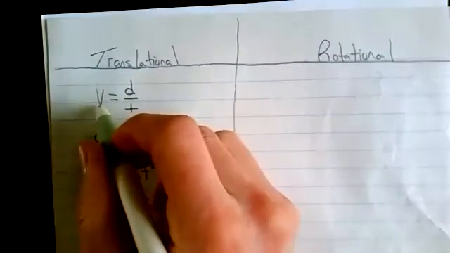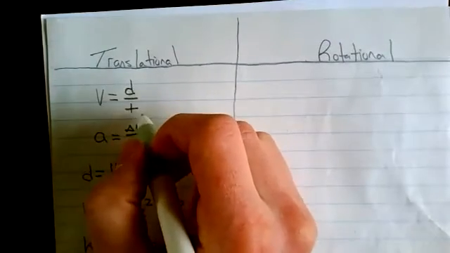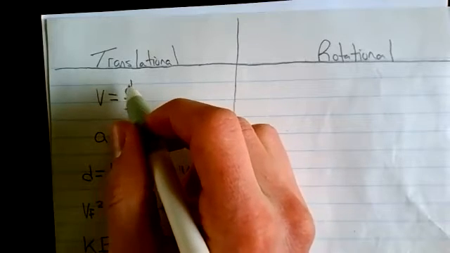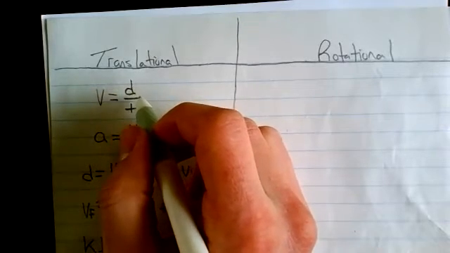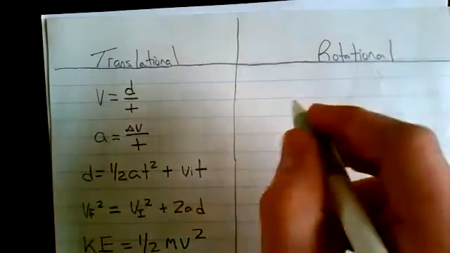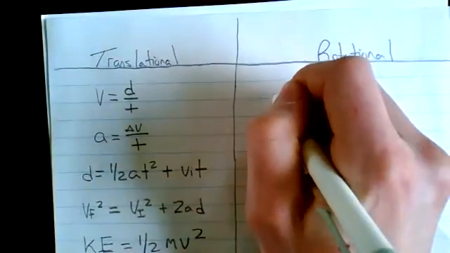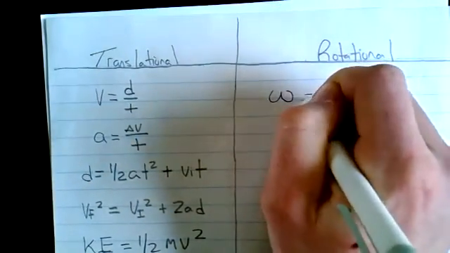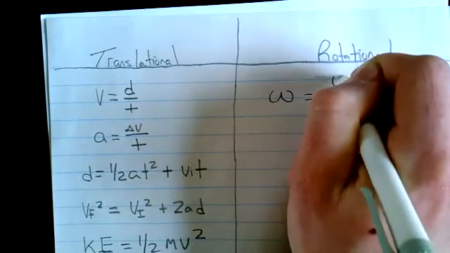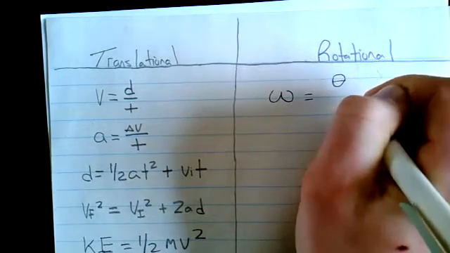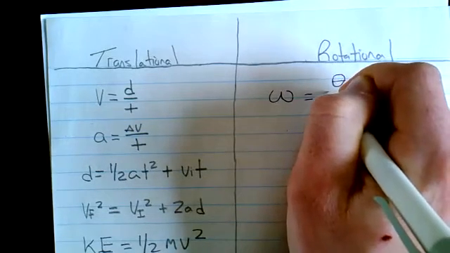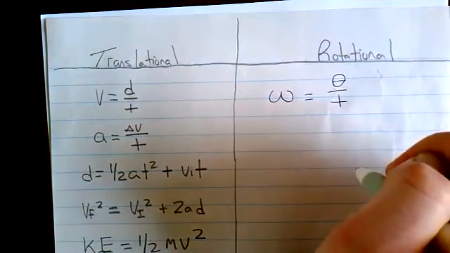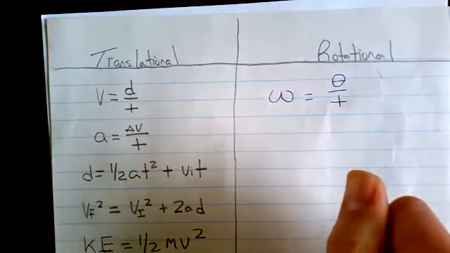For example, v equals d divided by t. Velocity equals distance, or change in, or displacement divided by time. Now I have omega, angular velocity, equals theta, angular distance or displacement divided by time. Context.